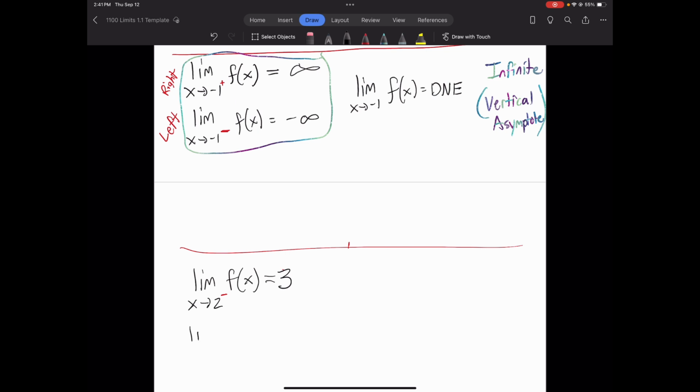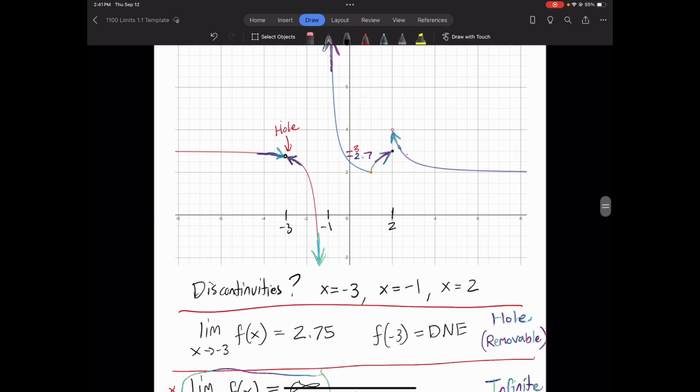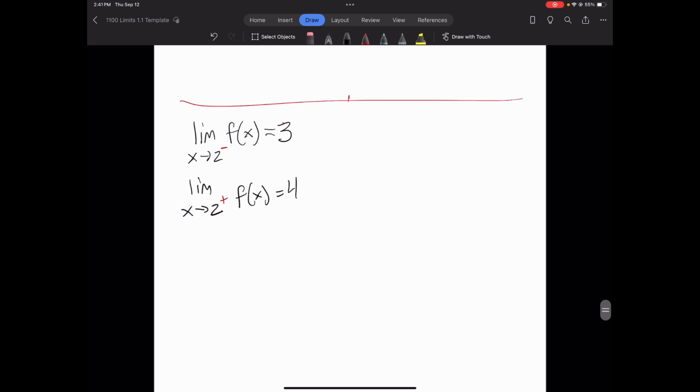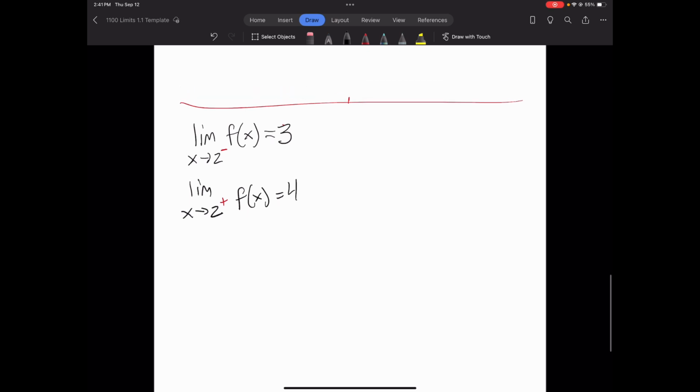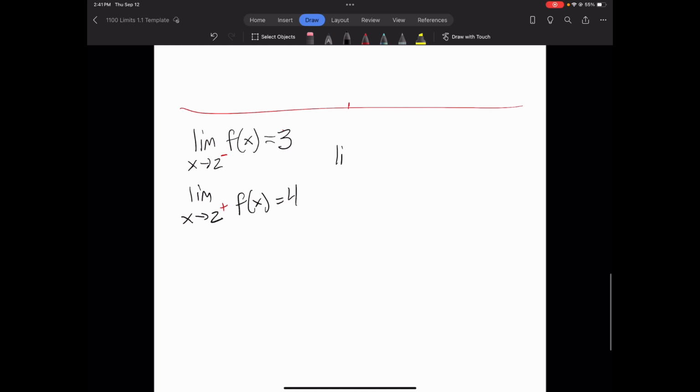But then if I come from the positive direction, what is my function approaching? My function approaches a value of 4. So once again, I get two different values for my limit depending on what direction I come from, which means that if I don't specify direction, then the limit doesn't exist.